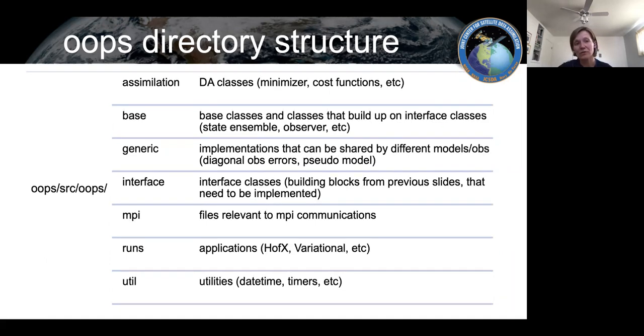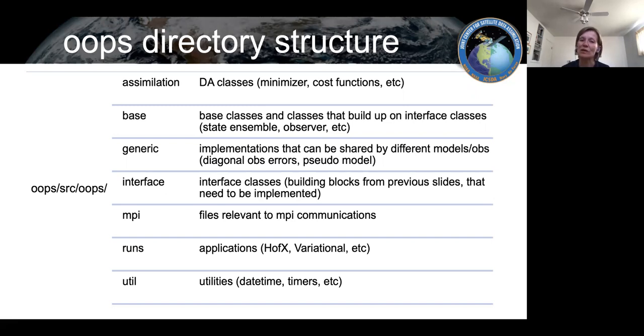There are a few other directories. So in the assimilation directory, you'd be able to find some data assimilation classes. That's where you will see cost functions, minimizers, and the LTKF solver, things like that. The generic directory contains some implementations that, again, can be shared by different models.